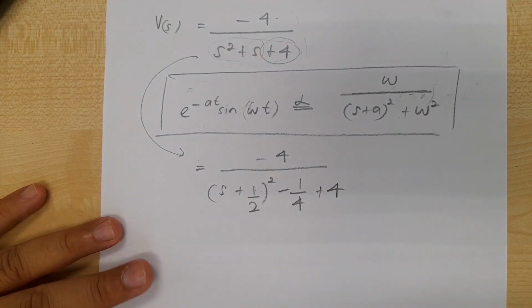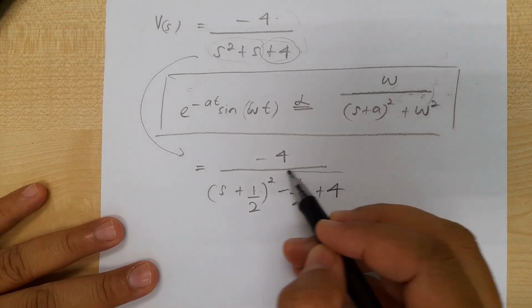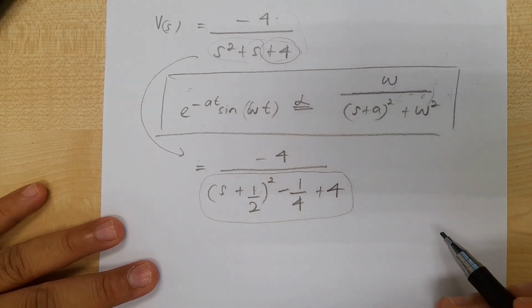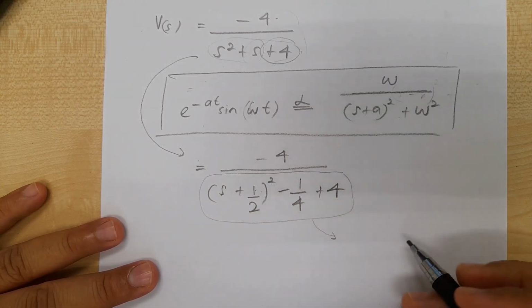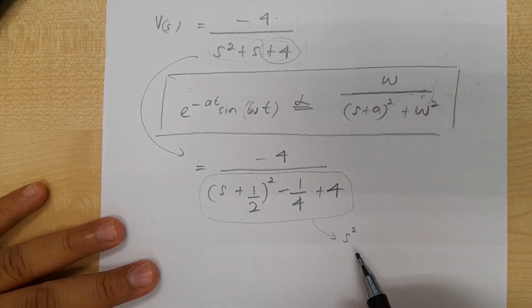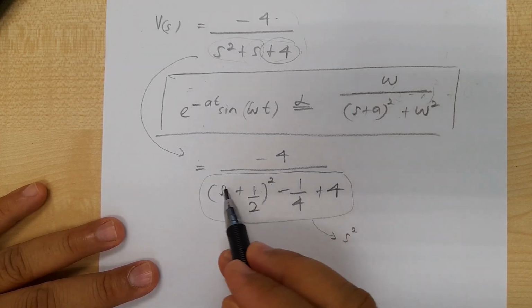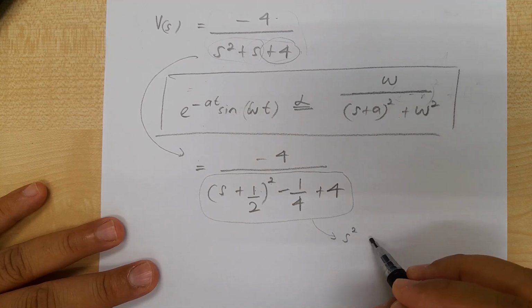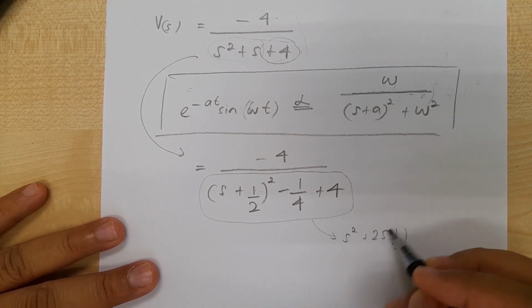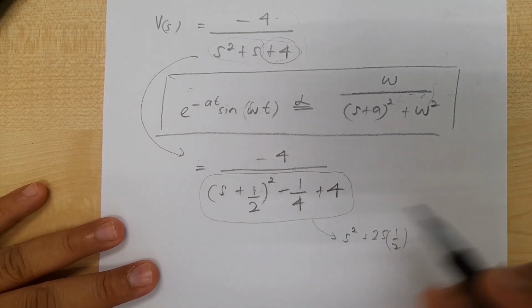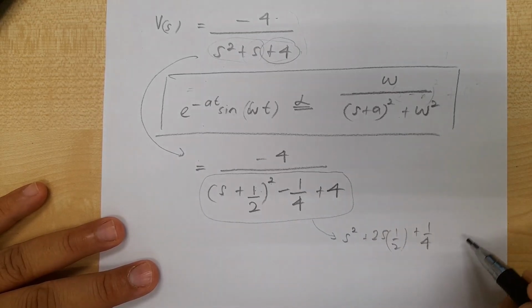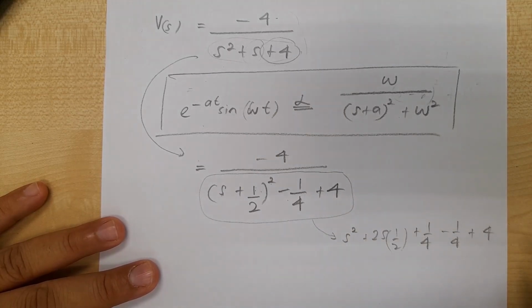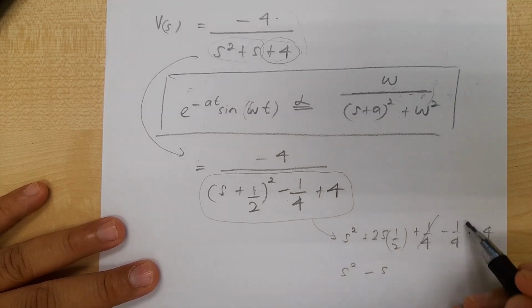Okay, so if we calculate this, what we get is s squared, plus 2 times s times 1 over 2, and then 1 over 4 minus 1 over 4 cancel.